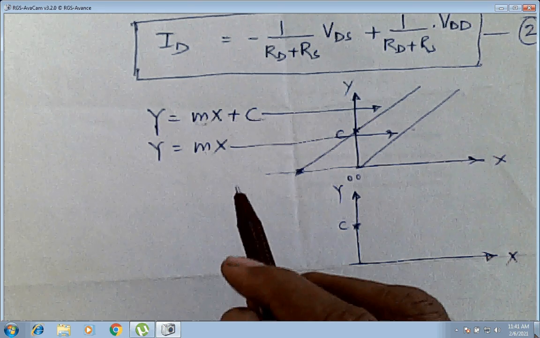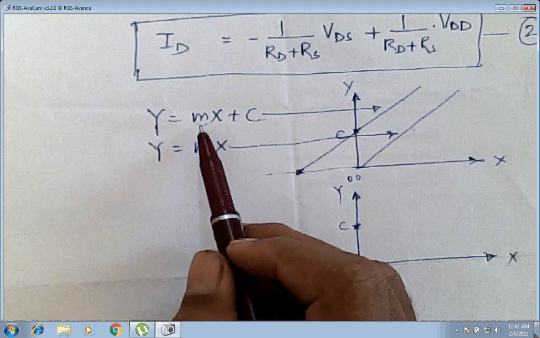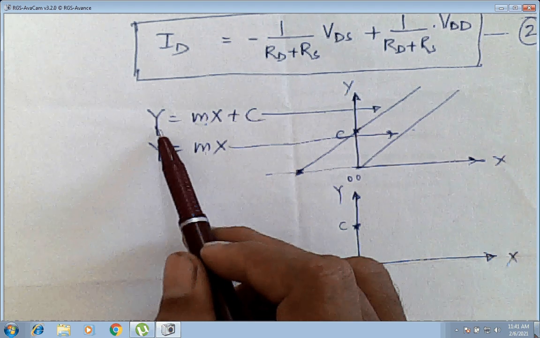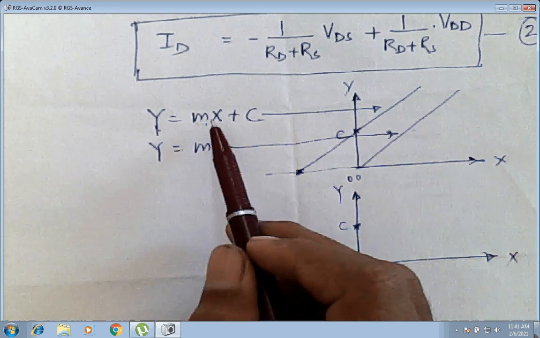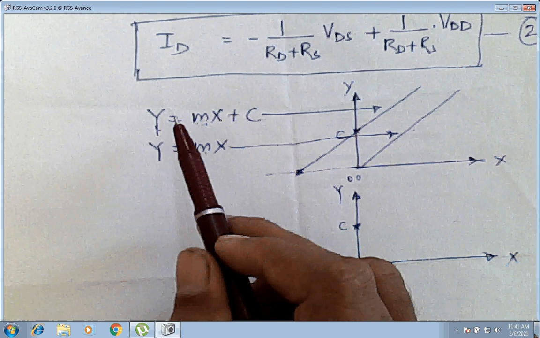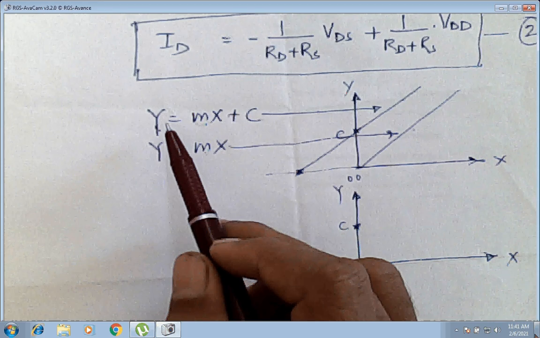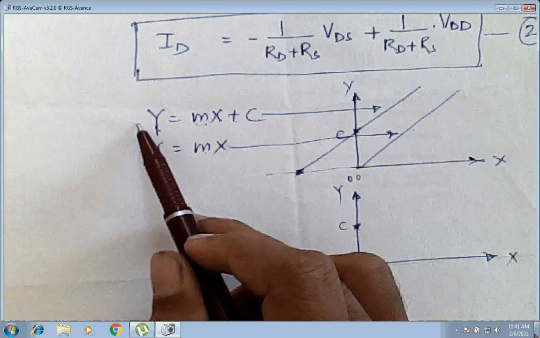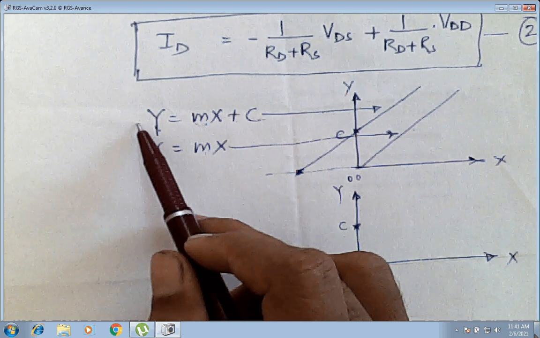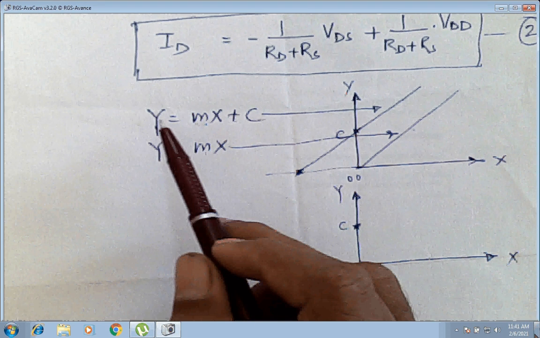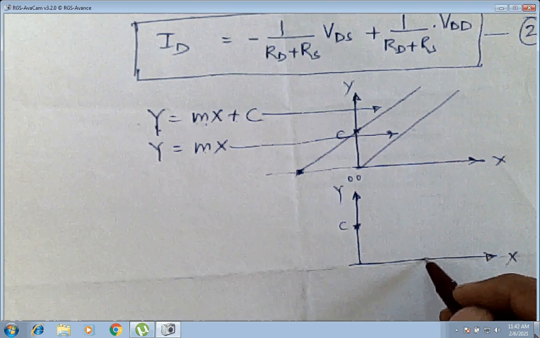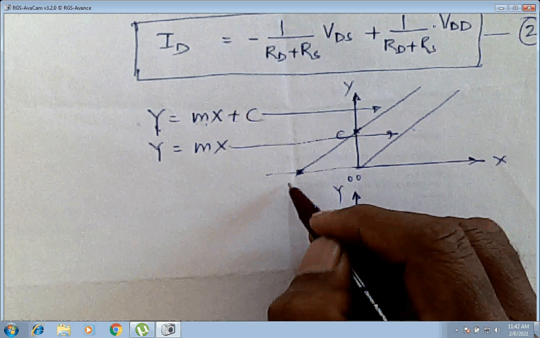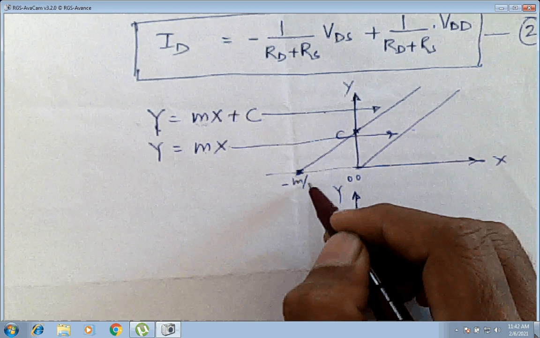Now as m is negative, remember, putting y is equal to 0, what will our equation be? X will be equal to c divided by m, taken with the sign of m, and that will be a positive quantity. Why? Because m was negative, taking that m on this side will make it positive. So it comes in the first quadrant somewhere here. Similarly, here it was minus c divided by m.